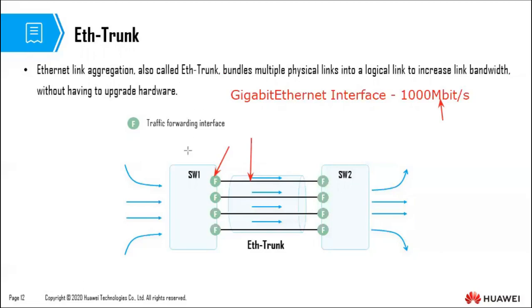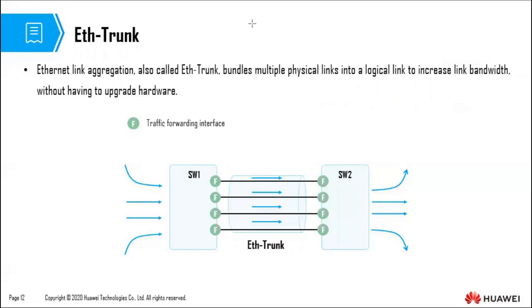So on switch 1, we can bundle up this interface, this interface, this interface, and this one together to form a single pipe. And that pipe's total bandwidth will be the bandwidth of all the interfaces that we've bundled together and are in forwarding states. So if each one of them is 1 gigabit, then we're going to have 4 gigabits.